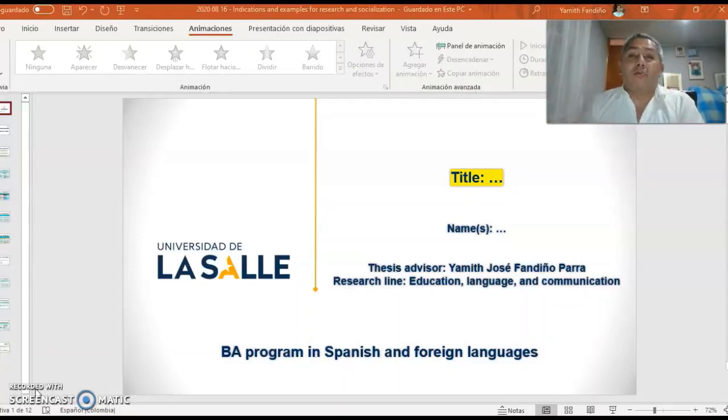Either because you are writing a research paper for somebody to have a look at it and to understand what you want to do, or because you're presenting to an audience to get some feedback on your proposal. Well, these are some tips and suggestions that I think can help you succeed in either writing your research proposal or presenting it. Okay, so let's start.